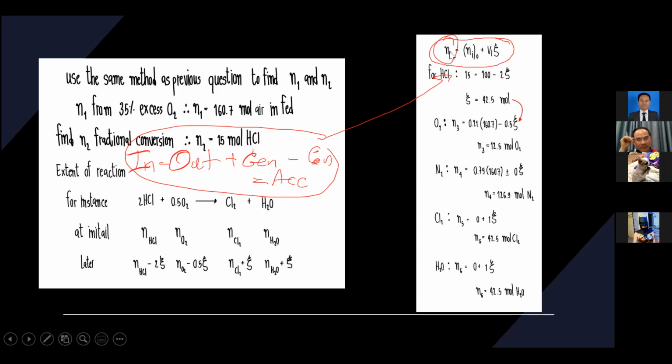You mean this one, Ajahn? Yes, is it input, output, generation, or consumption for Ni?